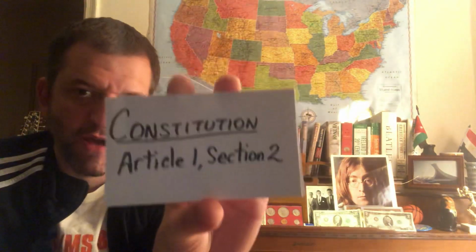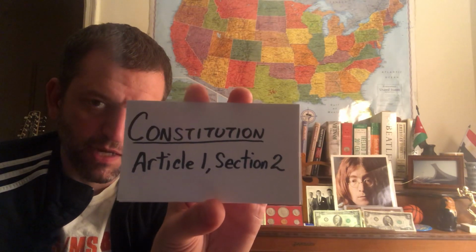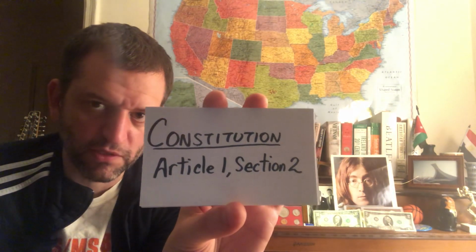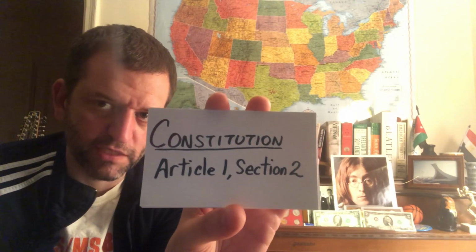Why do we do this? Well, when the Constitution was being written back in 1787, the founding fathers, people like Alexander Hamilton, George Washington, Ben Franklin, were having disagreements on what our legislative branch should look like. Should every state be equal and get the exact same number of members?